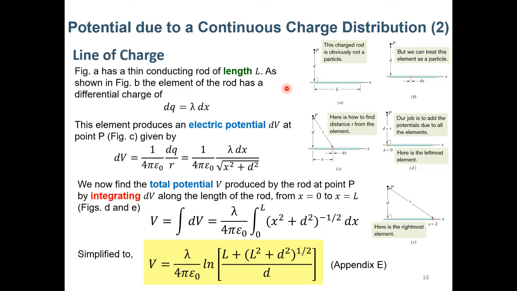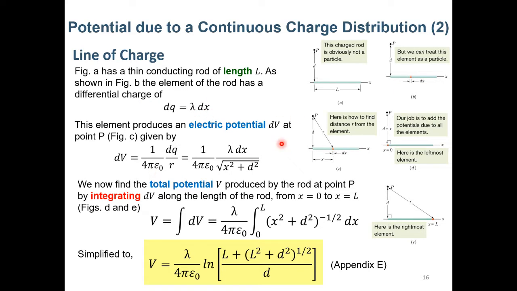We don't really consider the total charge. We only consider that the linear charge density is lambda, so we have dq equals lambda dx.